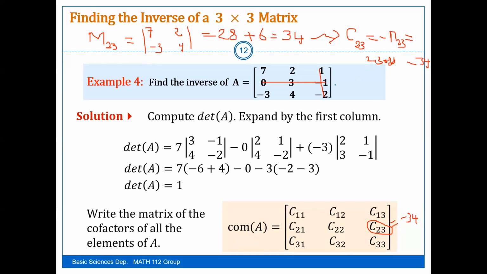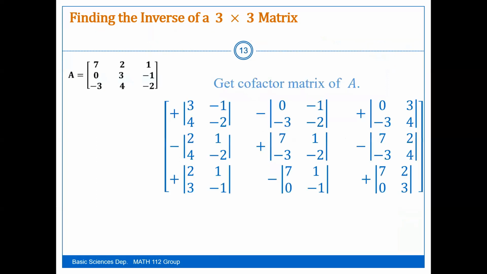And so on. You calculate all these 9 cofactors. So this is what you do. These are the minor matrices obtained by removing the corresponding row and column in each case, and the signs depend on the position: C11, 1 plus 1 is even, plus; 1 2 is odd, minus; 1 3, 1 plus 3 is even, plus; and so on.